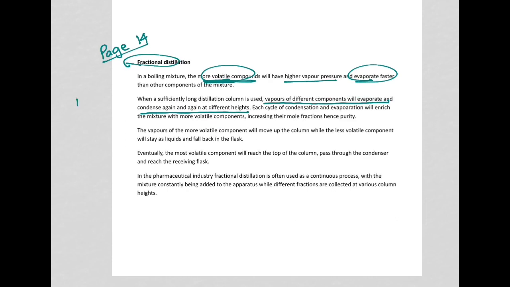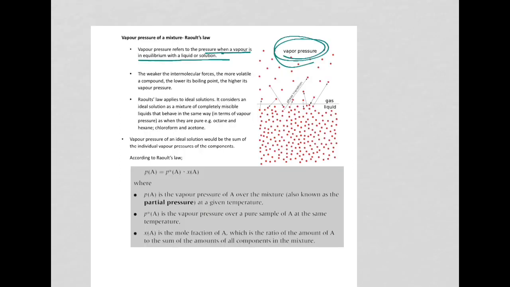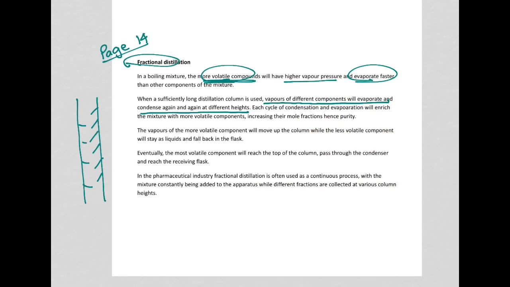If you remember the fractionating column, you have blades or beads, and depending on the height of the column, you're going to have condensation taking place. Each cycle of condensation and evaporation will enrich the mixture with more volatile components. Now, the more volatile it is, means the lower boiling point. So we normally say that the one with the lower boiling point is collected first.